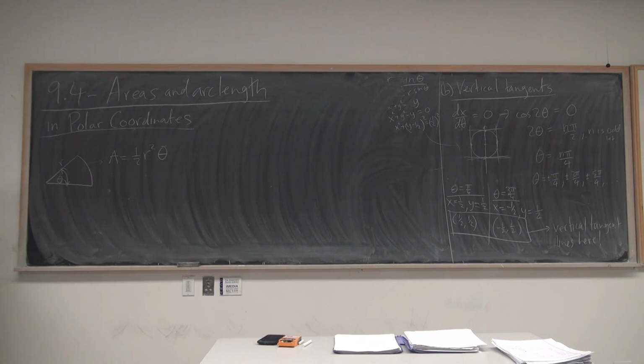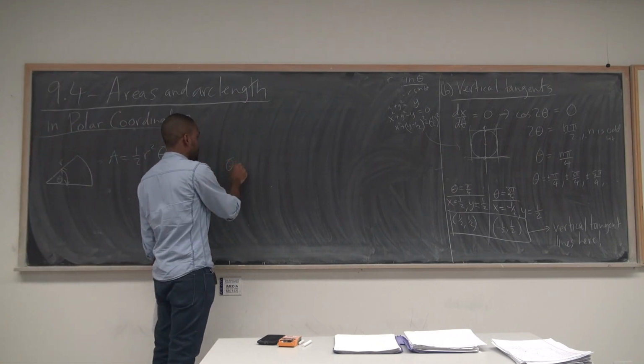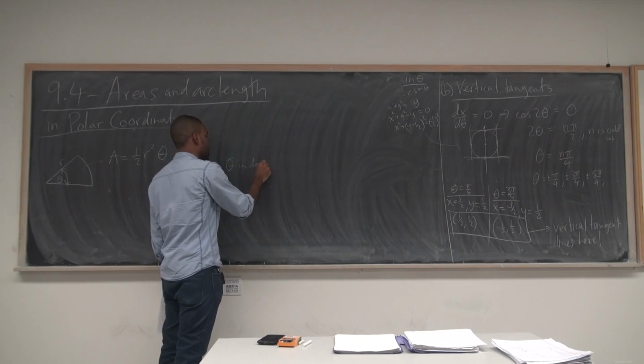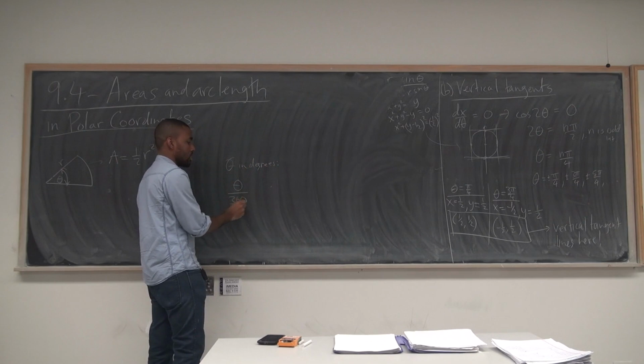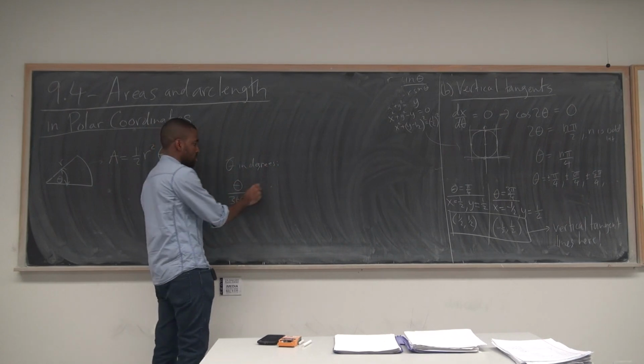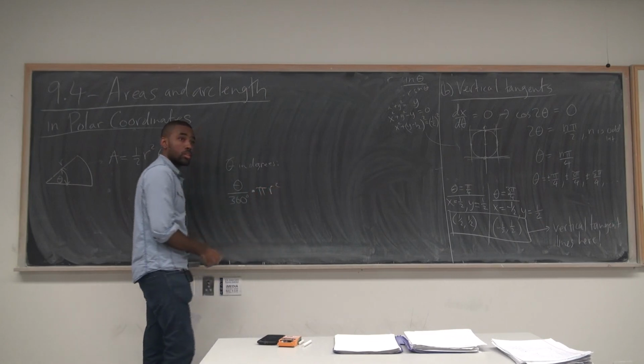You take theta out of 360, right? It's because the full circle is 360 degrees. You take the part of 360, then multiply by pi r squared. Remember here, theta in degrees, you might remember that formula. You take how many degrees out of the 360 you're using, and that's the proportion of the area of the circle, pi r squared.